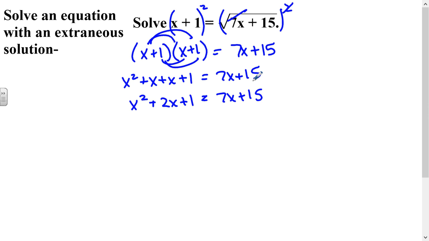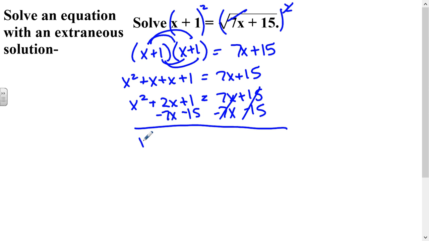So what I would suggest is to get everything to one side to set the equation equal to 0. So we're going to subtract 7x from both sides, and we're also going to subtract 15 from both sides to make it equal 0. So then we have x squared minus 5x minus 14 equals 0.